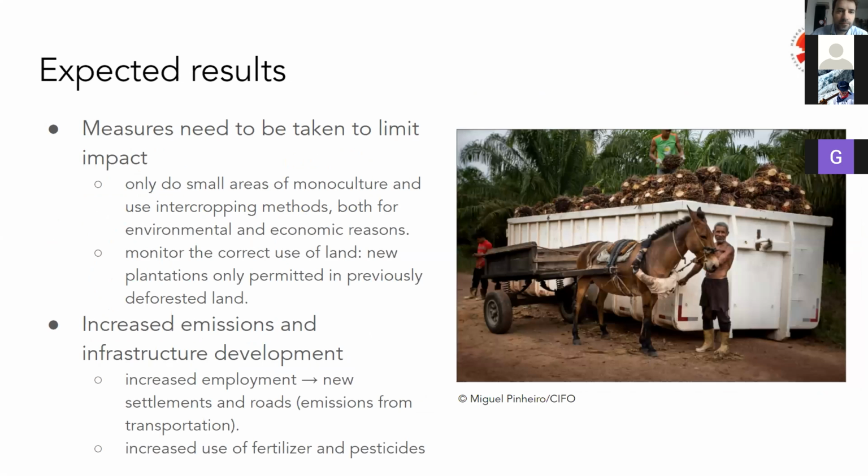And for our last slide, our expected results, we're gonna do small areas of monoculture, look at the intercropping methods for environmental and economic reasons, monitor correct use of lands, new plantations only permitted in previously deforested lands, and then the increased emissions and infrastructure development, how the industry is progressing, and if they're truly more responsible than they were 20 years ago, or if it's just the way that the companies are construing numbers to make themselves seem more environmentally friendly.